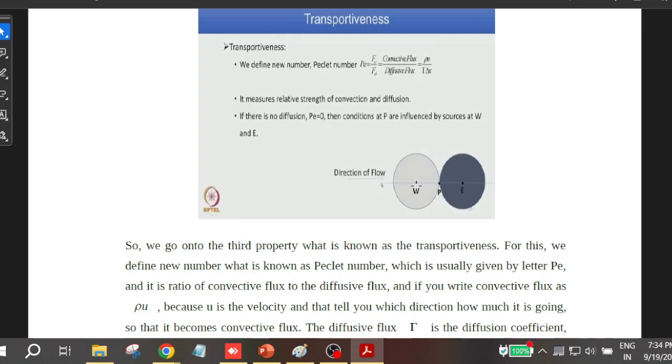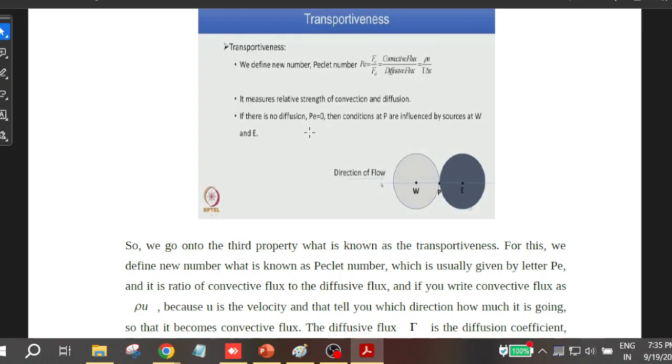I think the diagram is for no convection, because here they are trying to show that both E and W have influence at P. So if the Peclet number is 0, it is the pure diffusion case, when there is no convection.